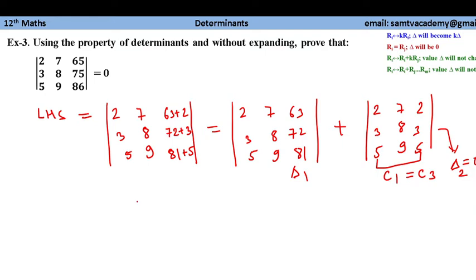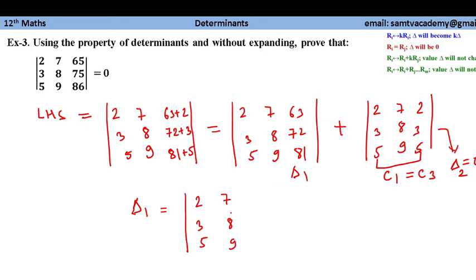So determinant 1 will be equal to, we can write it like this, 2, 7. First we will write the first column, 2, 3, 5, 7, 8, 9. Now you see that all the terms in the third column are multiples of 9.